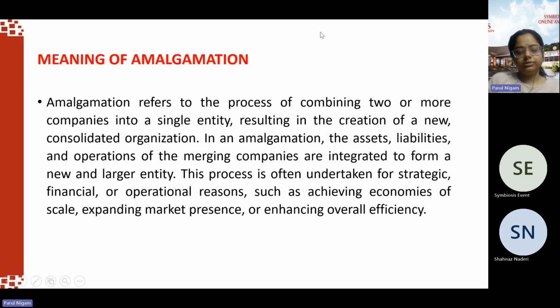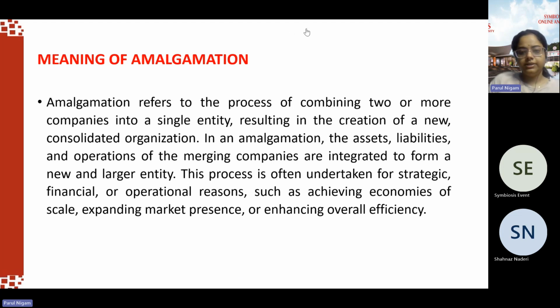Because of amalgamation, there are multiple benefits which come to an organization. It can be strategic benefits, financial benefits, or operational benefits. The biggest benefit is economies of scale.